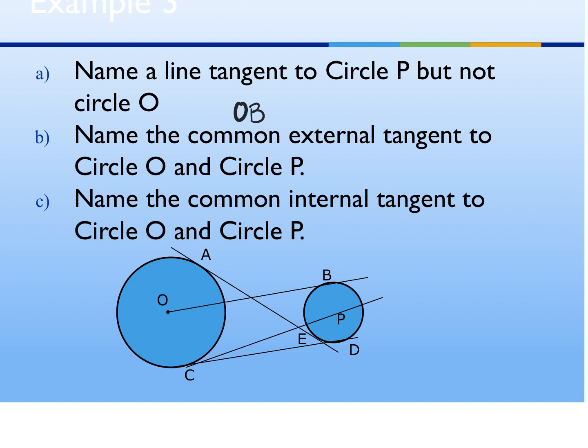Now, what notation does it need? Is it a line, a segment? It's a line, so it needs to have arrowheads on both. Remember, it said name a line tangent. So it should be OB with arrowheads.